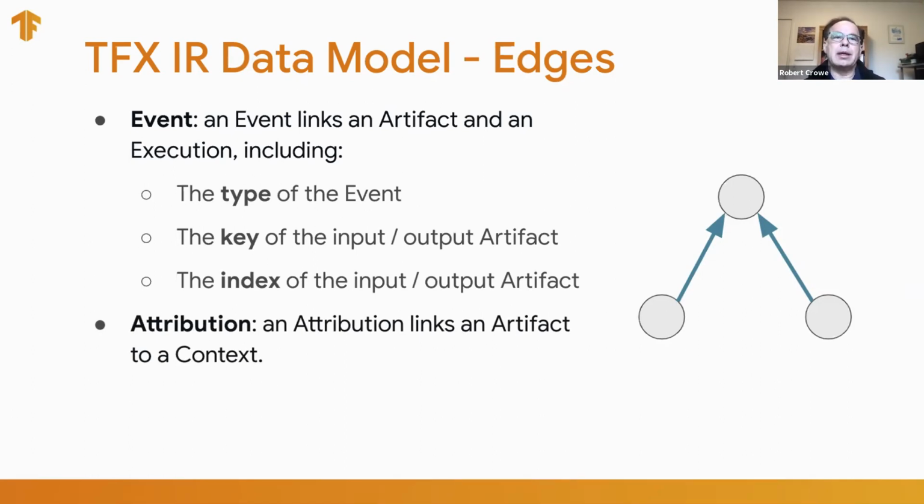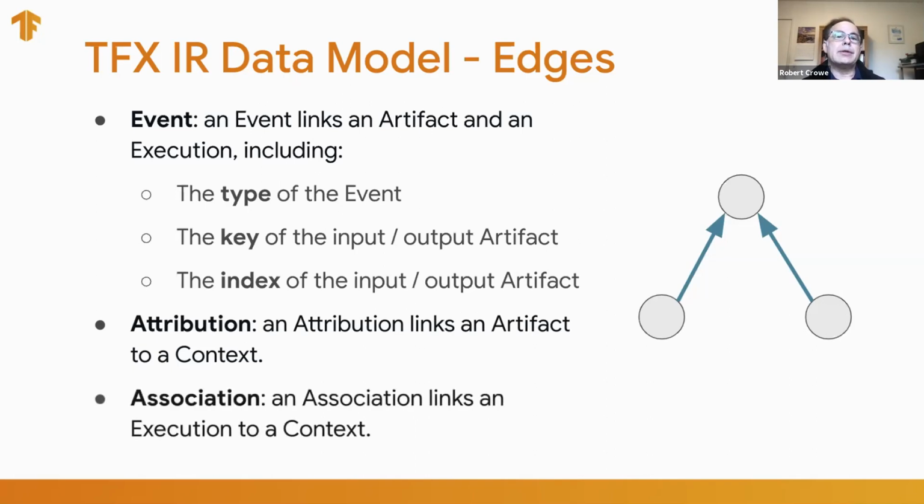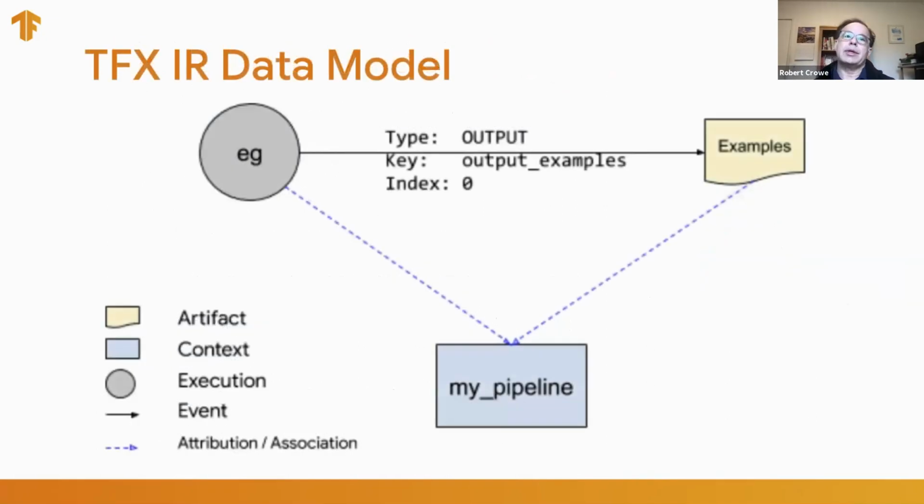The attribution links the artifact to a context. So that's going to link, in most cases, an artifact, a result of a component run, with the pipeline run context for where it was generated. And there's an association that links the execution of individual nodes with that context as well. So here's an example.